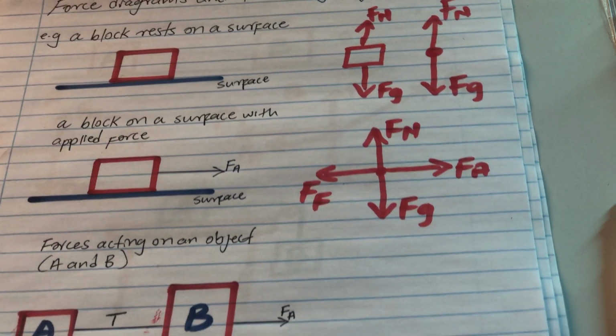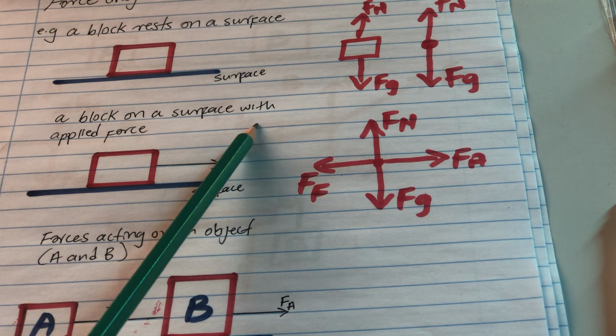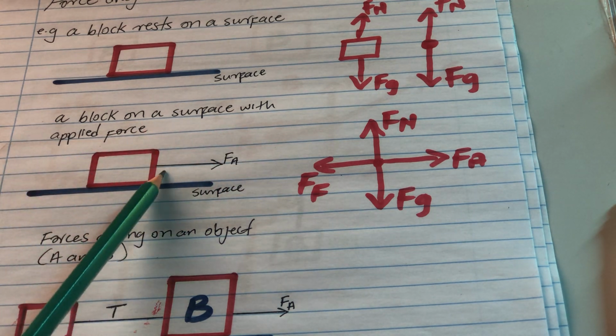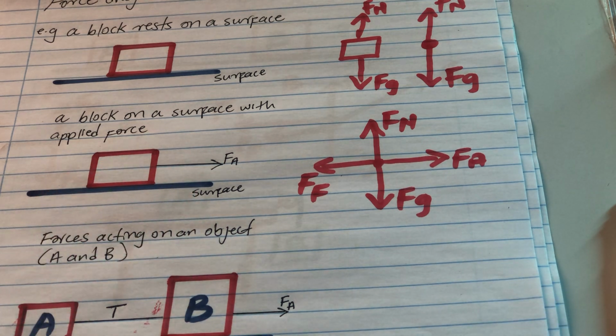Let's move to the second example. A block on a surface with applied force. This one now is being pulled to the right.